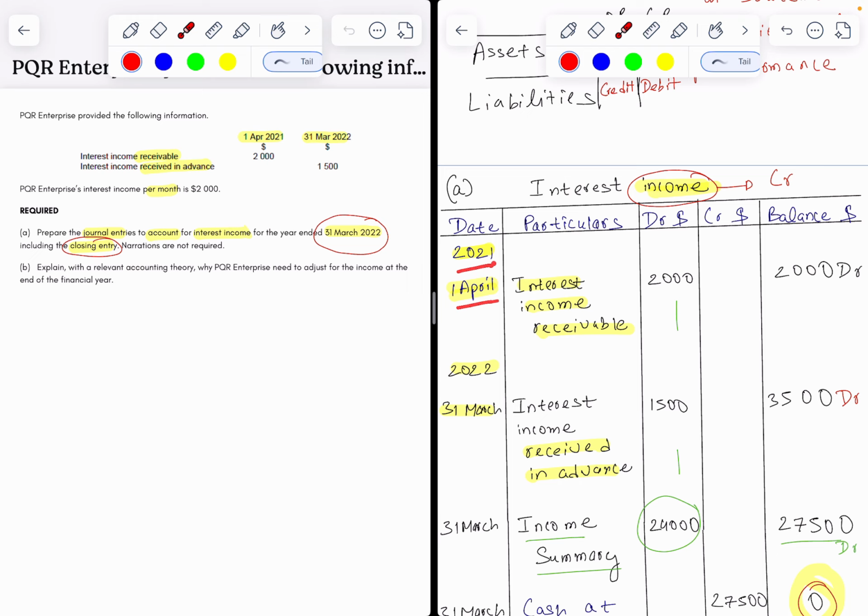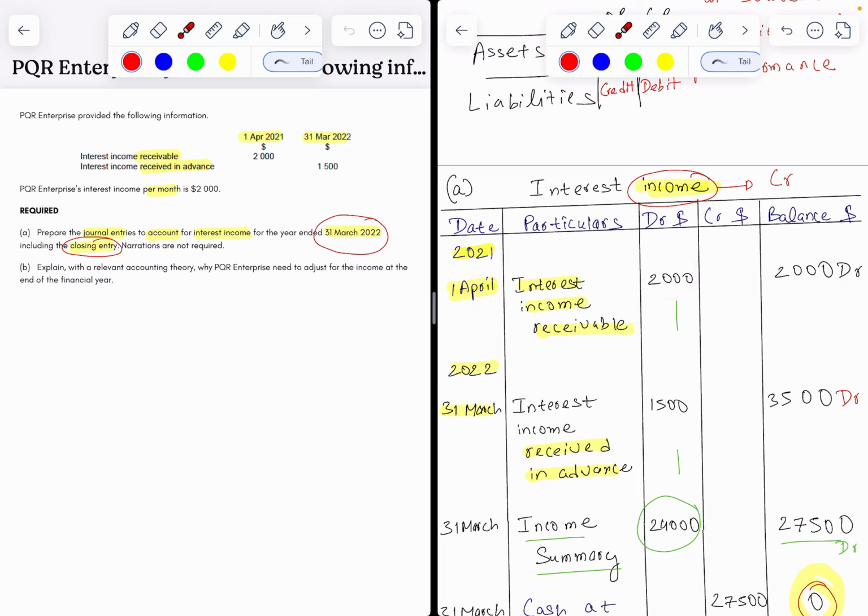So there are some economic benefits attached to it, which falls within the definition of a current asset, okay? All assets by default must have an opening balance on the debit side, which means when they increase, we debit them. So that is why we are recording $2,000 in the debit column for interest income receivable at 1 April 2021. And this gives us a final balance of $2,000 debit, okay?